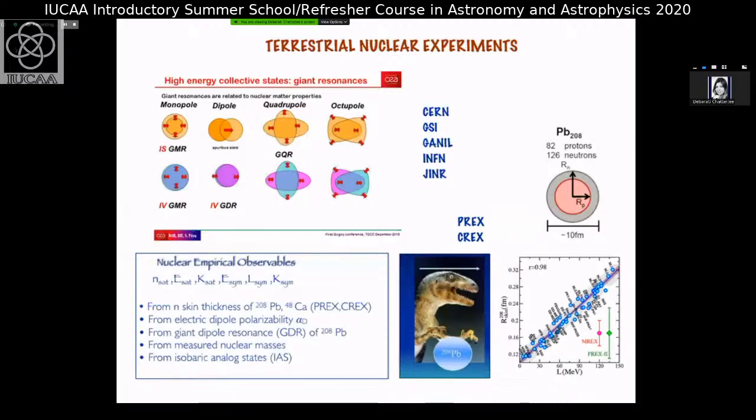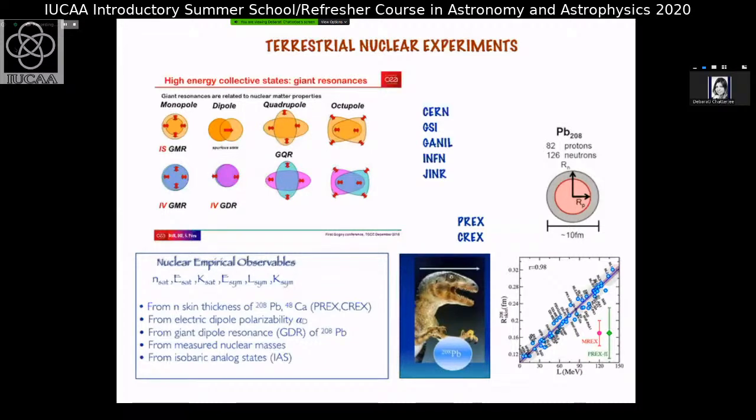There are also other experiments which determine the electric dipole polarizability. There are the giant dipole resonances of lead, measured nucleon masses, isobaric analog states, and so on. And these kinds of nuclear experiments are performed at a number of nuclear facilities around the world, at CERN, at GSI, at GANIL in France, at INFN in Italy, at JINR, and so on.